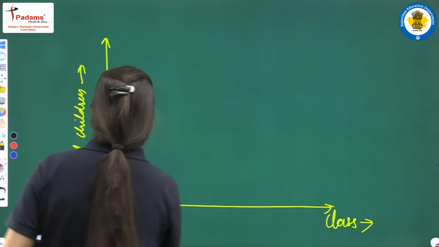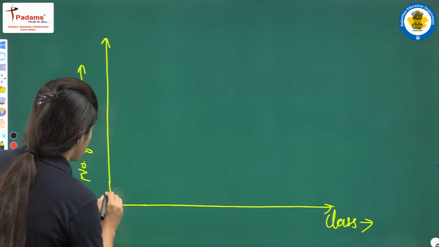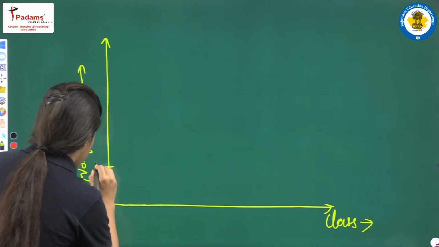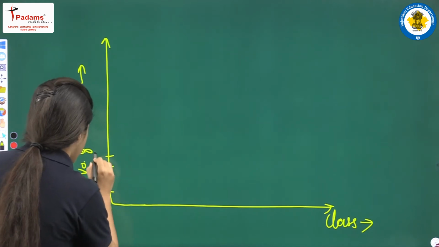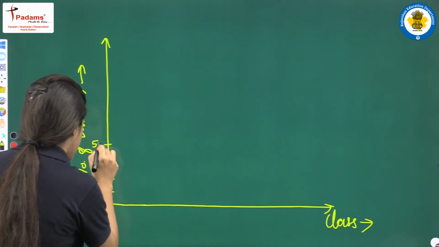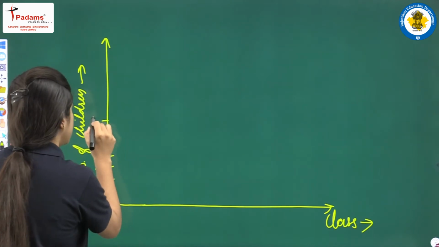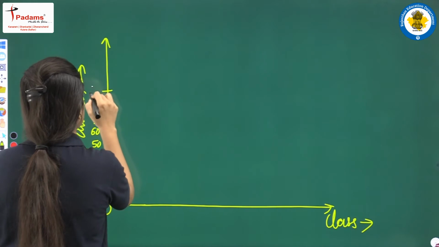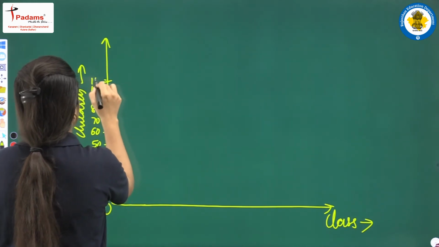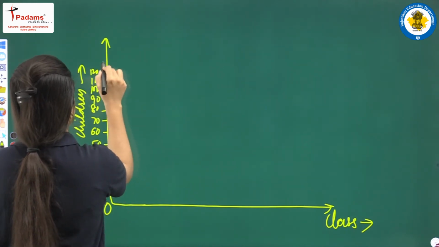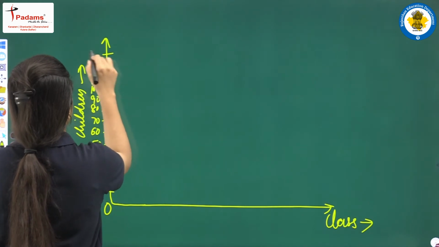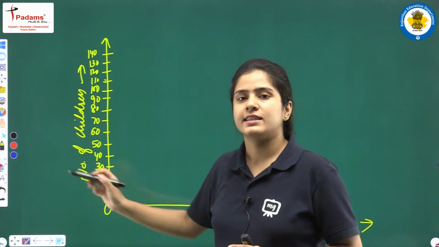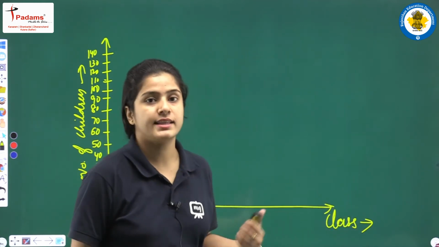So starting from 0, 0 to 10, 20, 30, 40, 50, 60, 70, 80, 90, 100, 110, 120, 130 and 140. All right students, so this is the scale that shows the number of children.